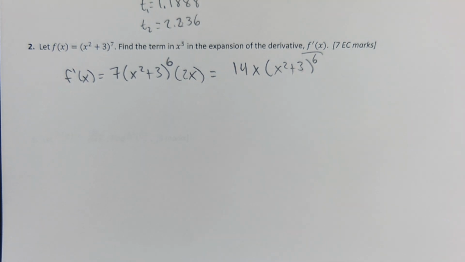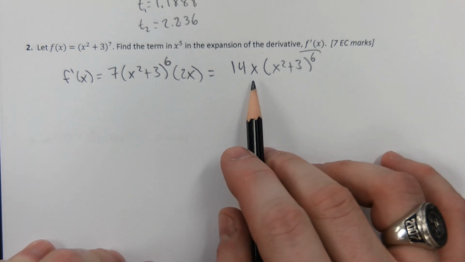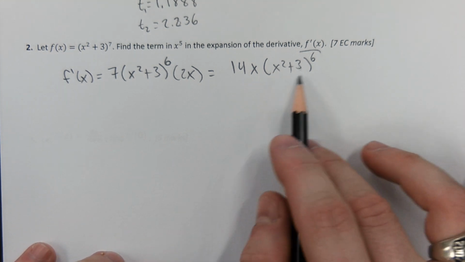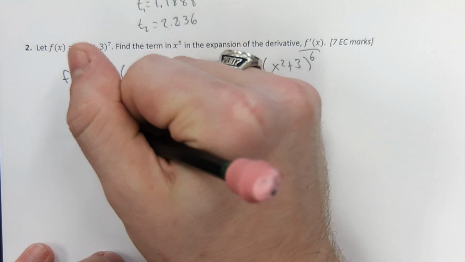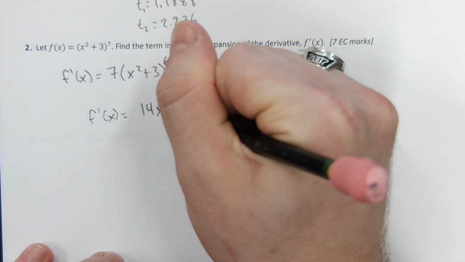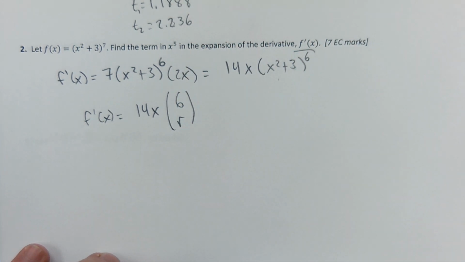Okay, now it's time to do a binomial expansion on that thing. 14x does not expand. It sits in front of the expansion. This is what expands. So our f prime of x is 14x, then 6 choose, I don't know.